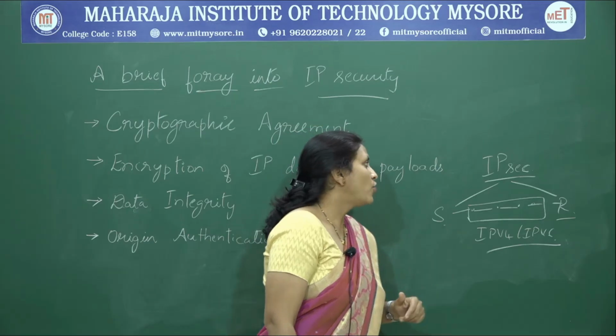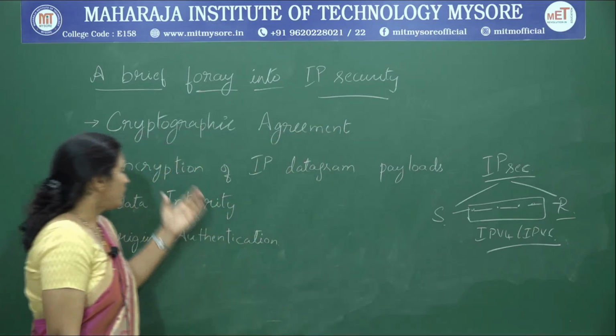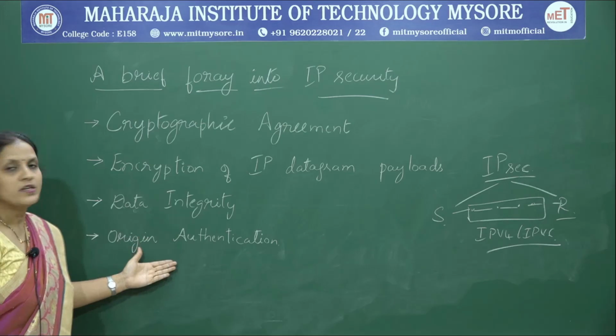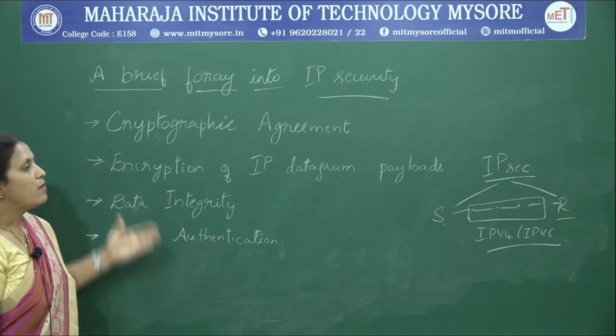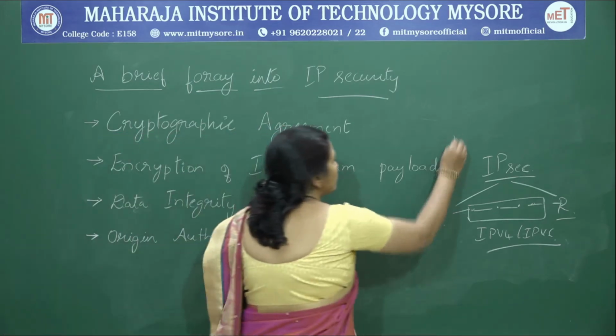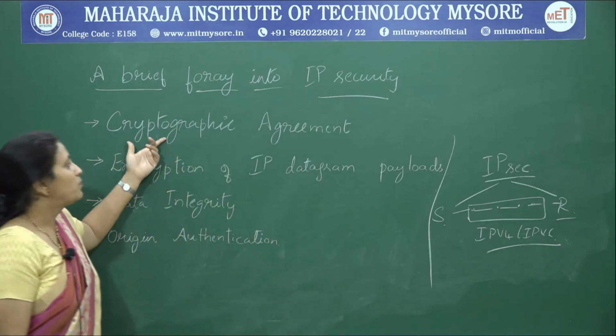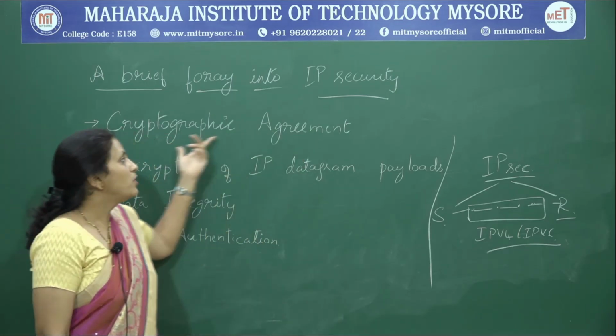So, we will learn more about IPsec. These are the functionalities that are assured by the IPsec protocol. The very first functionality is cryptographic agreement. What do we mean by that?